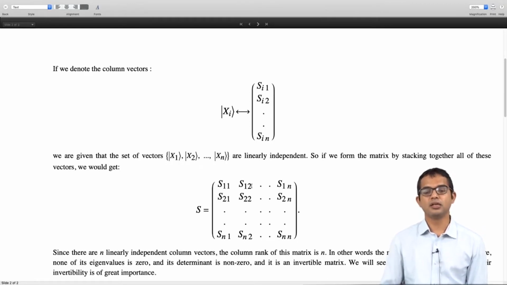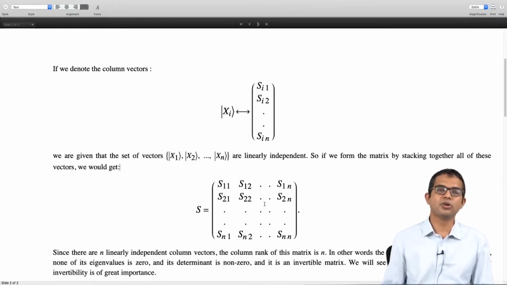that means that none of the eigenvalues of this matrix can be 0. Because if it were 0, it would mean that its determinant is 0, and if it's a determinant 0 matrix, then it cannot be a full rank matrix. Then you have to look for submatrices of dimension n minus 1 and so on, right? That is one prescription we gave.